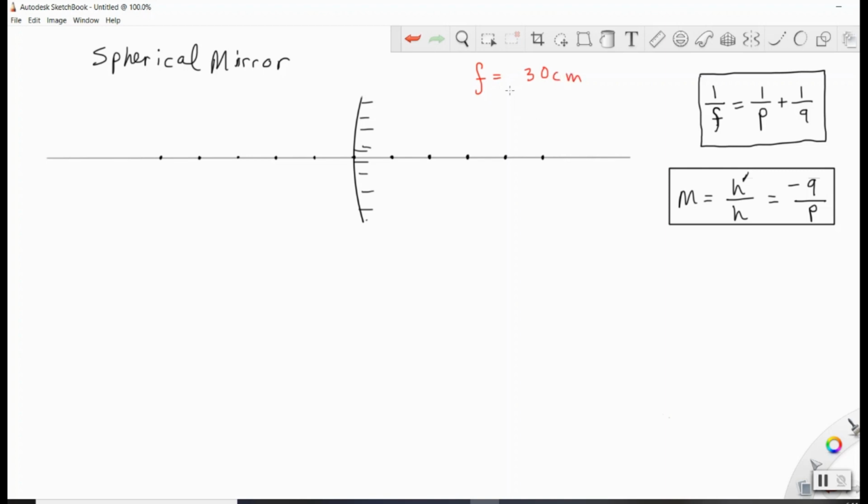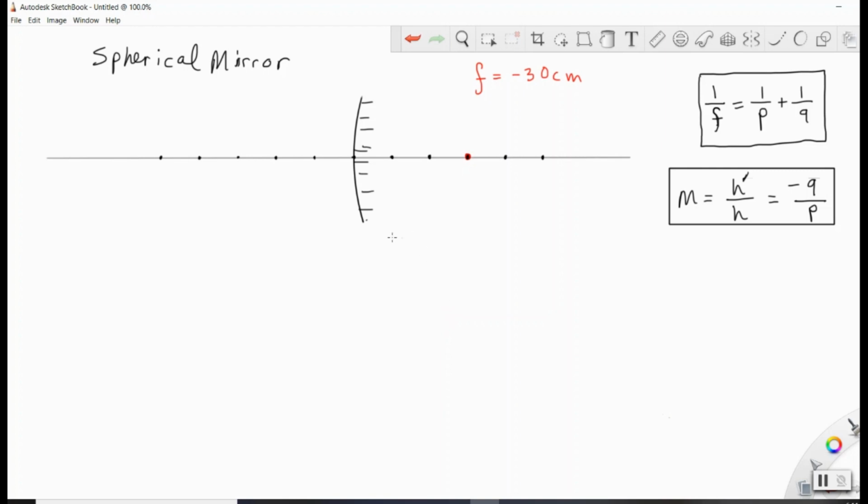Is that focal length positive or negative? Well, we have a convex mirror, so we have to think about whether it would scatter light or bring light together. This scatters light, therefore that's a negative focal length, right? So the focal length would exist right here at this point.